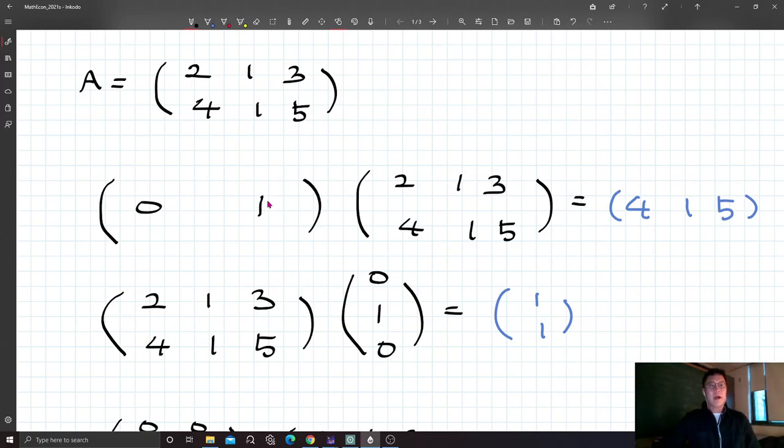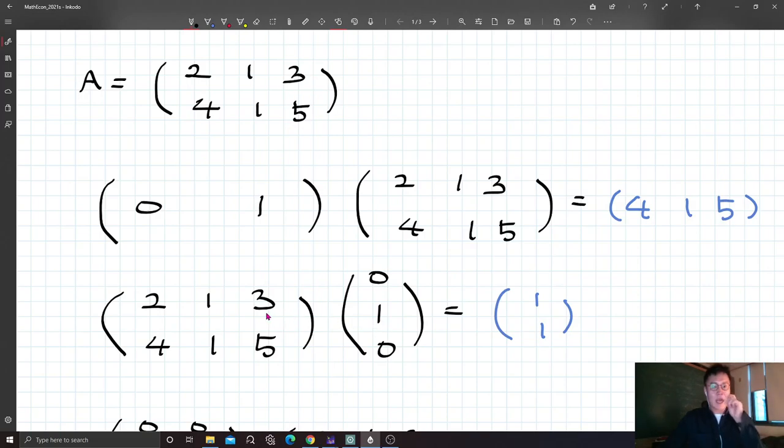And I multiply this row vector, that is a pre-multiplication, meaning that this multiplication is on the left. Then this is the second unit vector, so we have to take the second row vector of matrix A. So we are going to get 4, 1, 5, the second row vector of matrix A. But in case of post-multiplication, now this is a second unit vector defined in three-dimensional space, so having three elements, and number 1 appears in the second coordinate.